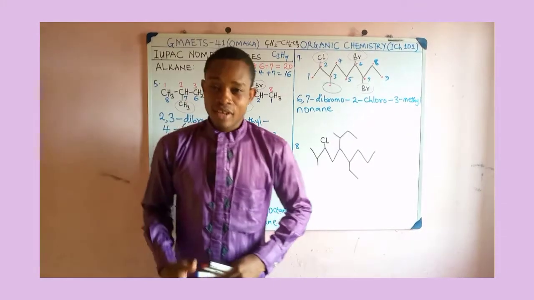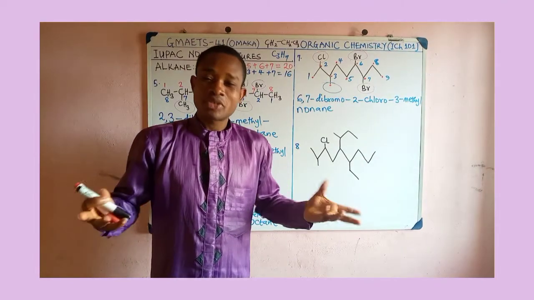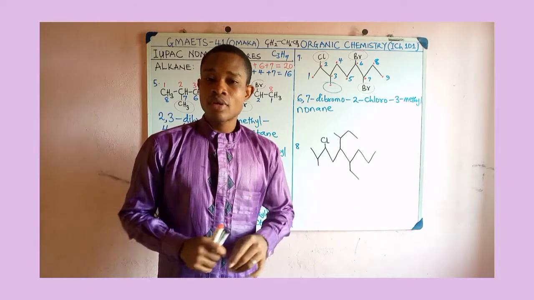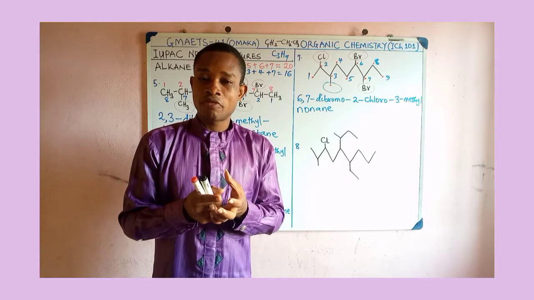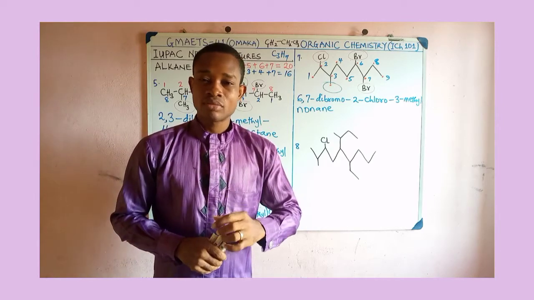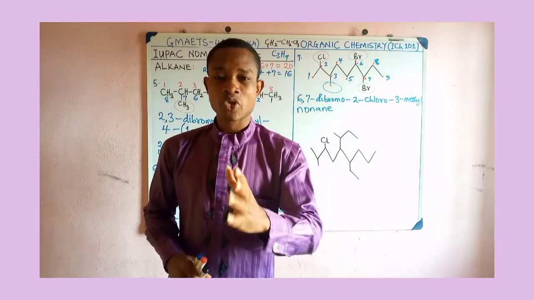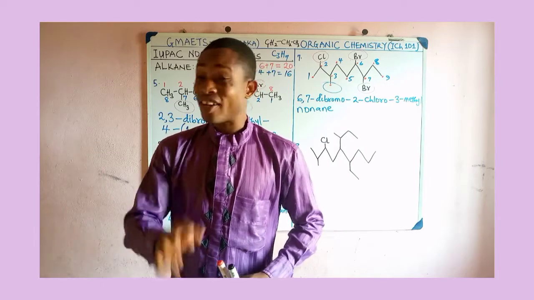And now, the last structure. With these, we would have come to the end of IUPAC nomenclature for alkanes. And believe me, once you're able to understand all we've done for alkanes, it means you've actually covered 98% of the IUPAC nomenclature of aliphatic compounds.